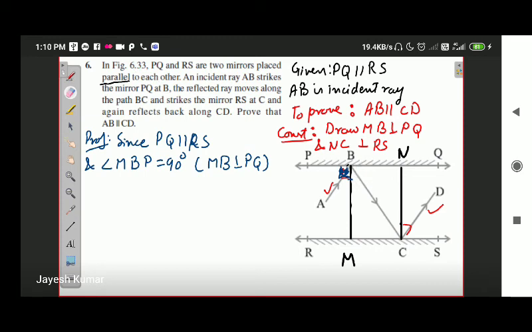Now, angle MBC is 90 degrees, so I can also say that the alternate angle to it is also 90 degrees. Angle CMB will also be 90 degrees. Why so? Alternate interior angles are equal.